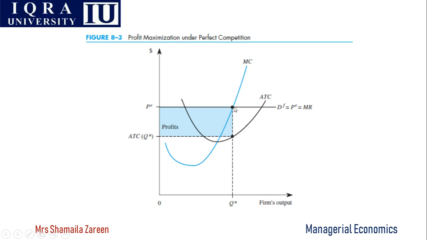You will draw the line from the marginal cost to the average cost curve. This is showing the average revenue, this is showing the average cost. So, whenever the average revenue is greater than average cost, it means the firm is getting profit.